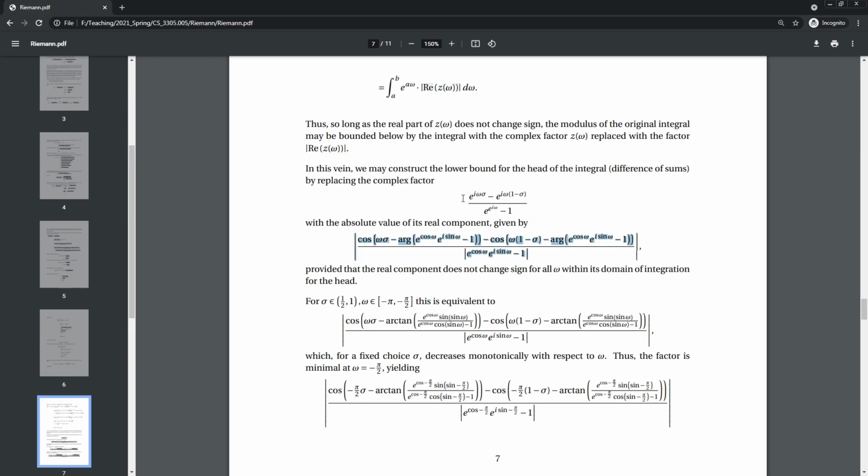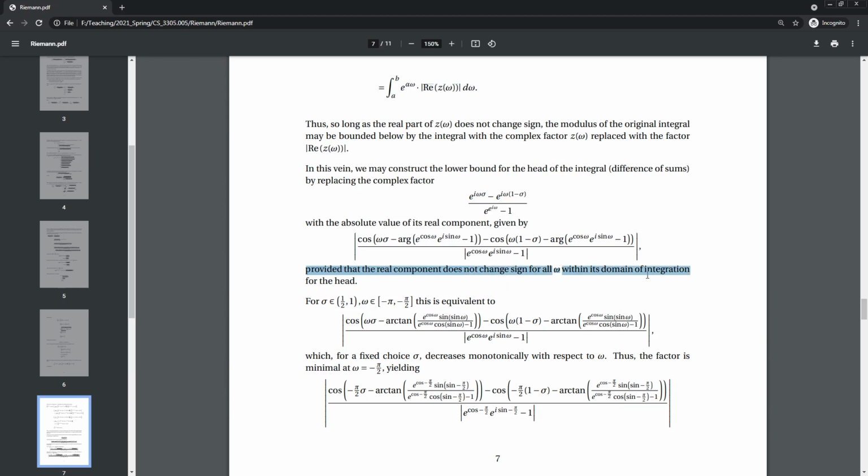You can verify it by doing all of the e to the i theta equals cosine theta plus i sine theta simplifications, but we've already done all this work. The absolute value of the real component of this is this. There's an imaginary component which we've thrown away because we don't need it, because we're establishing a lower bound.